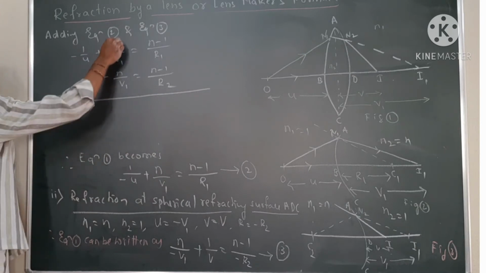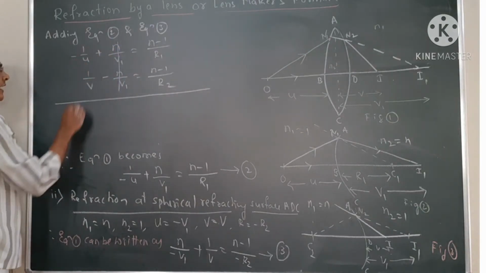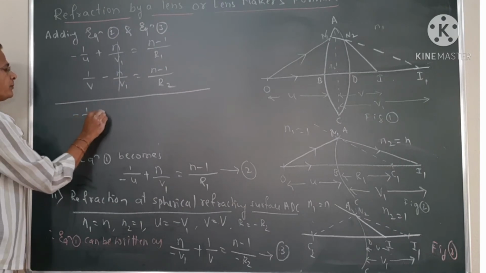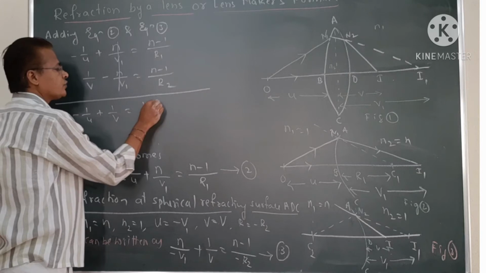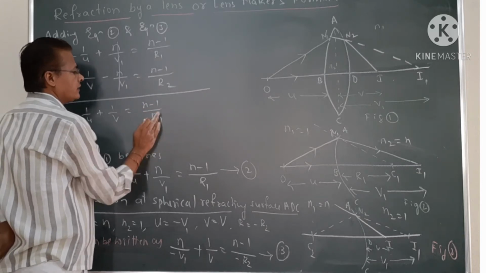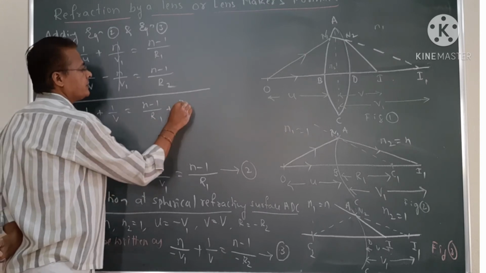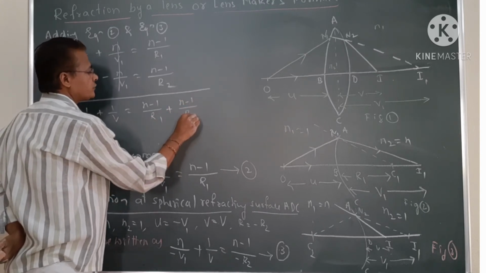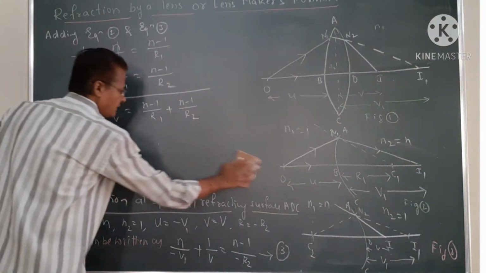Now these 2 get cancelled. So when you add, minus 1 by u plus 1 by v equal to n minus 1 divided by r1 plus n minus 1 divided by r2.